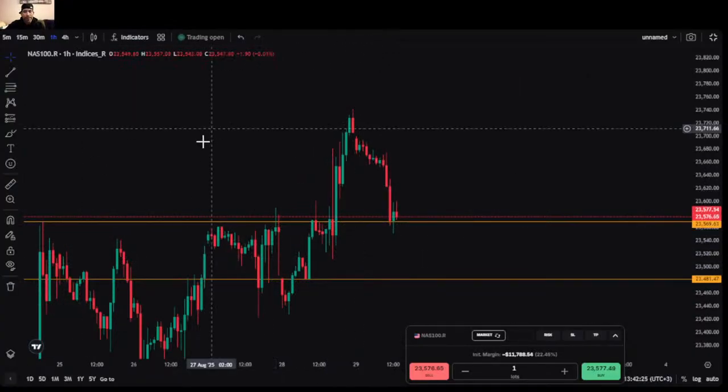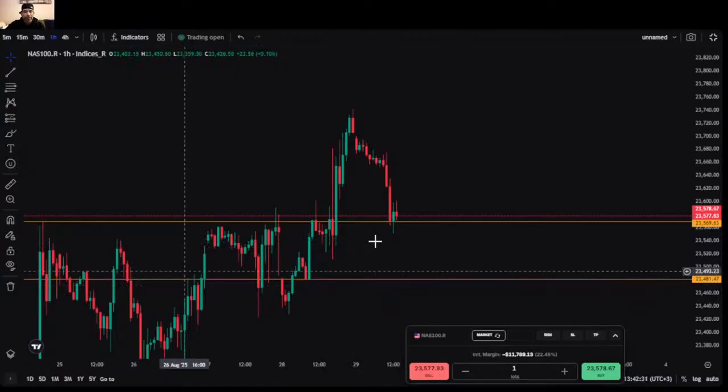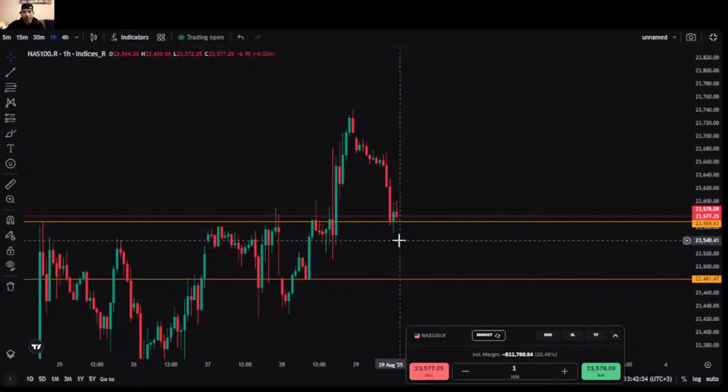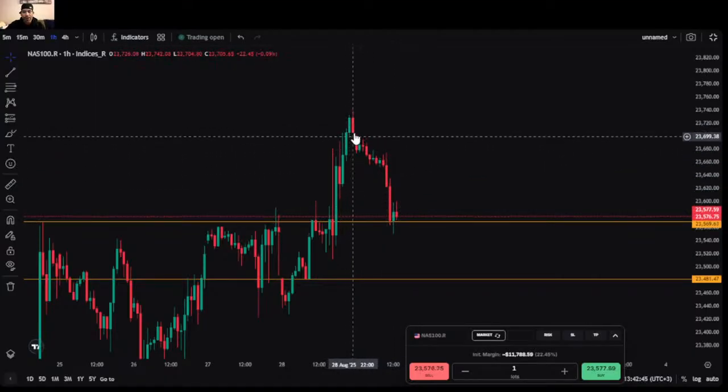I'm currently not holding it. I closed mine on this account. I'm waiting to see if we're going to break below the support here and drive down to the bottom of the range, or are we going to hold at the support and start looking for buys up here? Let's keep an eye on that, because we might want to target the gap fill here.